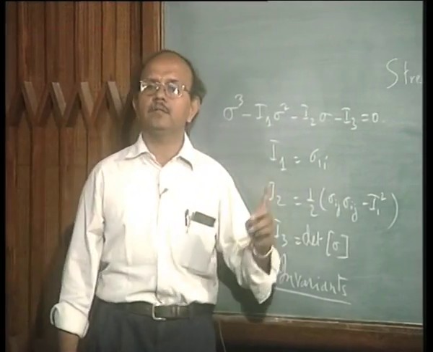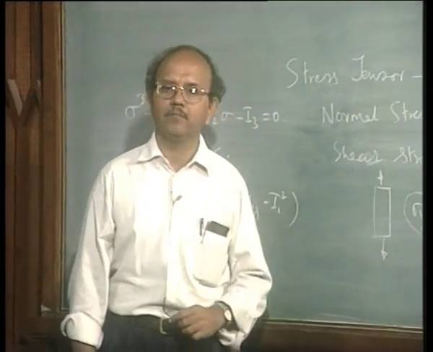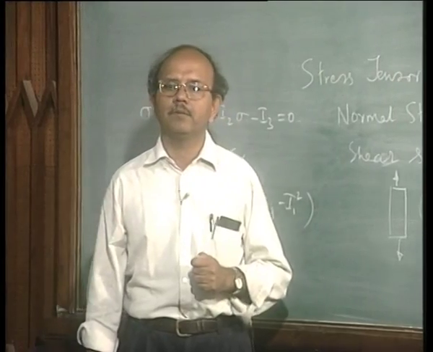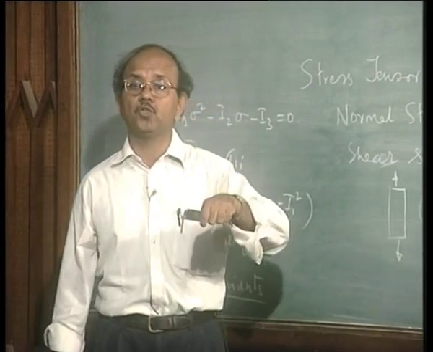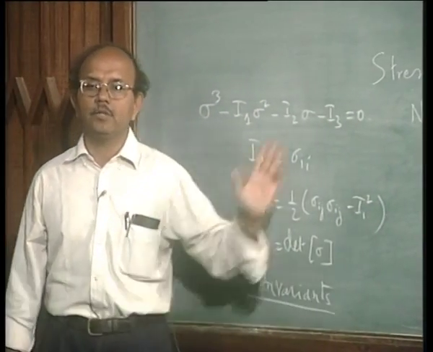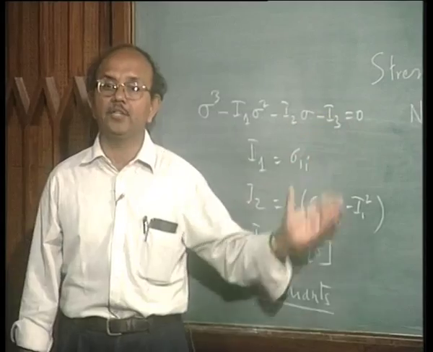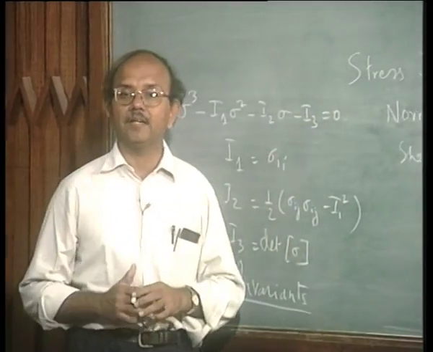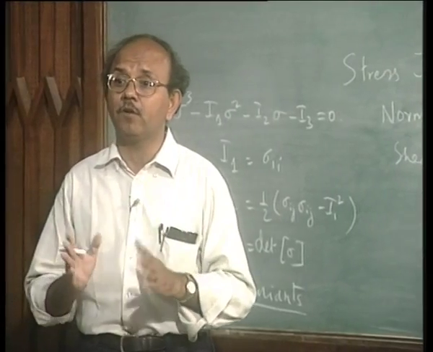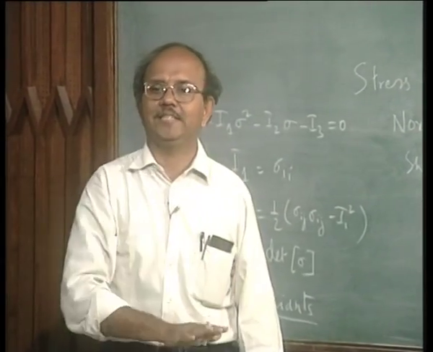I have been given the stress tensor sigma ij. Obviously, the stress tensor is a function of how I have chosen x1, x2 and x3 or coordinates. So, the final equation which I should get and solve should be such that the principal stresses should not be a function of coordinates, correct.